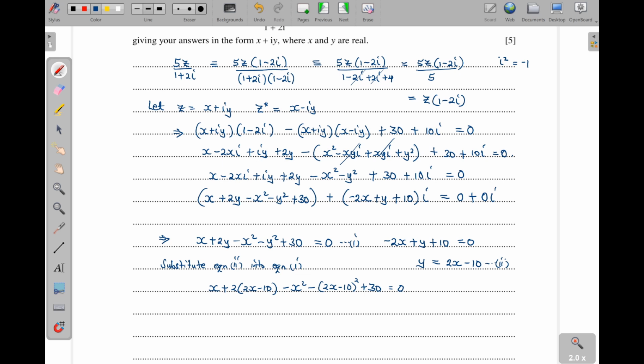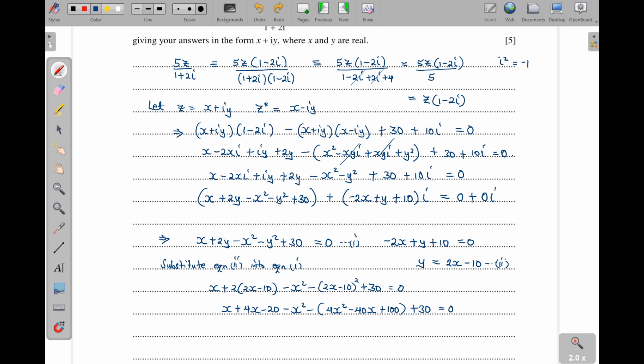When you open the brackets here, we have x plus 4x minus 20, then minus x squared, minus, this will be 4x squared, 2 times 2 times 10, that one will give us 40, so minus 40x, and then square the 10, that one will give us 100. Then plus 30 is equal to 0.